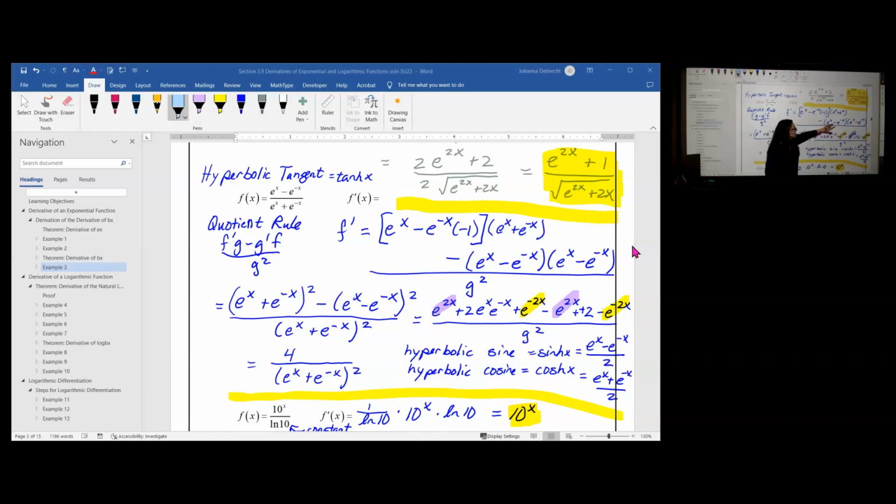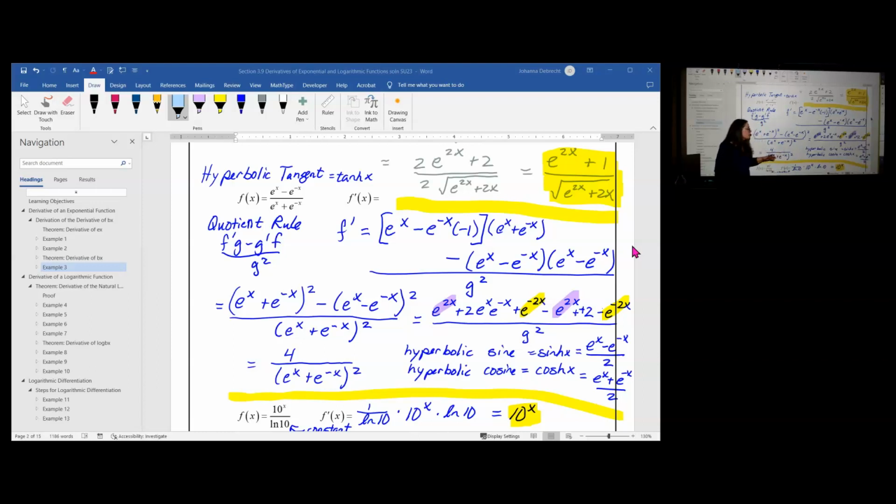The derivative of the denominator gets a minus e to the minus x due to the chain rule, which gives me 2 of this factor, so it's also squared. But it's not the same factor because the sign in the middle is different. It's all divided by g squared, but I cannot cancel it because I don't have a common factor in the numerator.